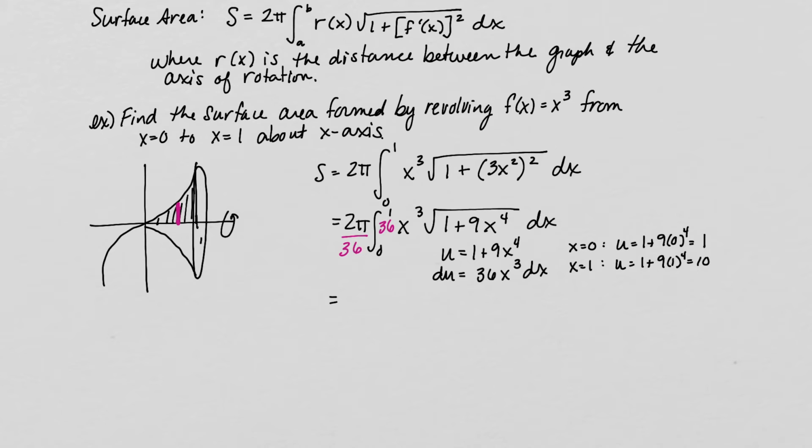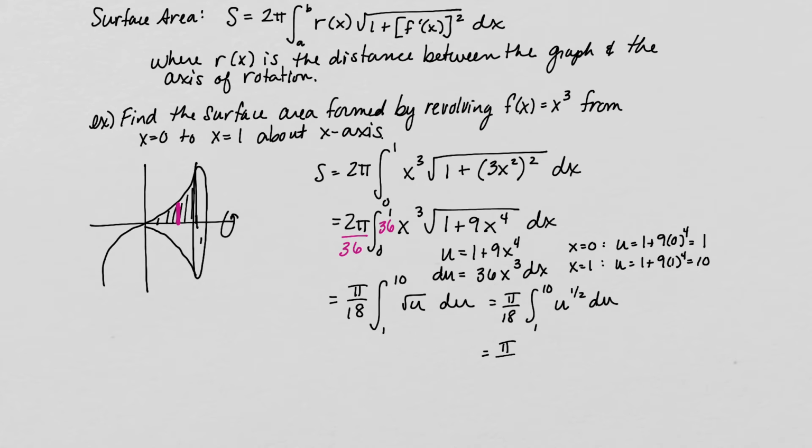So 2 over 36 is the same as, so half of 36 is 18, so pi over 18. So pi over 18, the integral from 1 to 10 of the square root of u du, or pi over 18, the integral from 1 to 10, u to the 1/2 du.